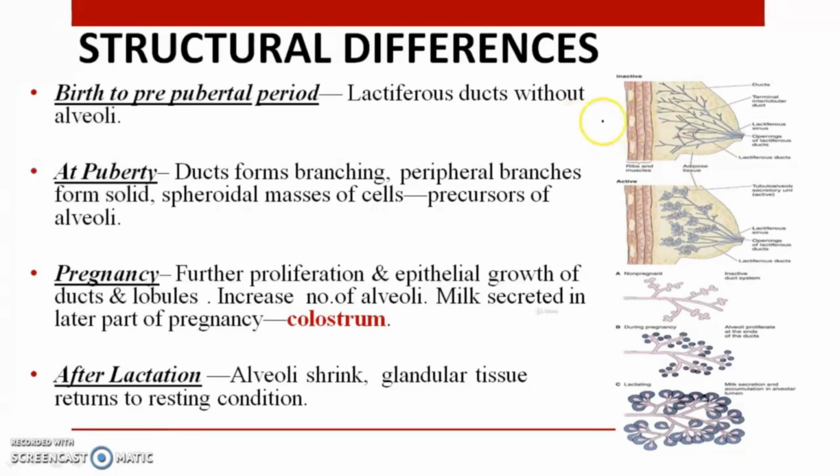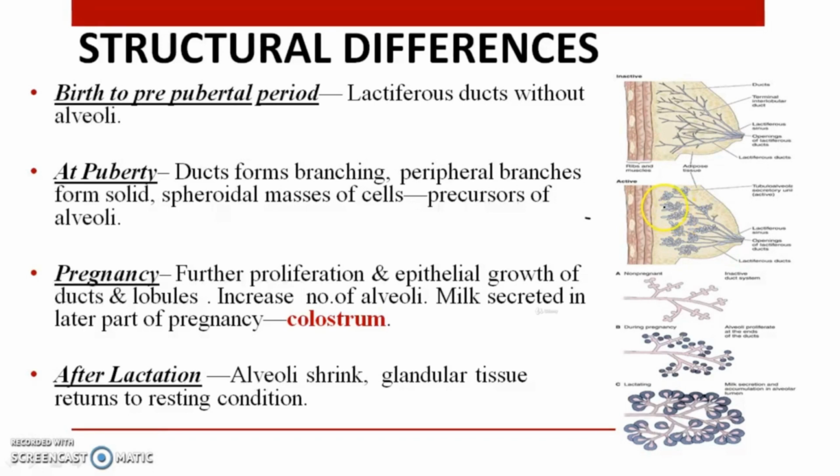Once puberty occurs, the ducts form branching. The peripheral branches form solid masses, so solid spheroidal masses of cells are seen at the ends of these branches. These are nothing but precursors of alveoli.